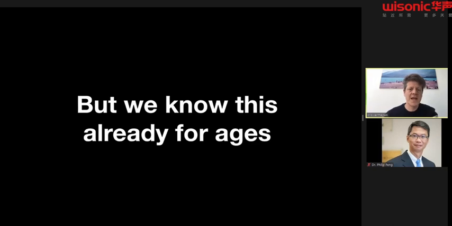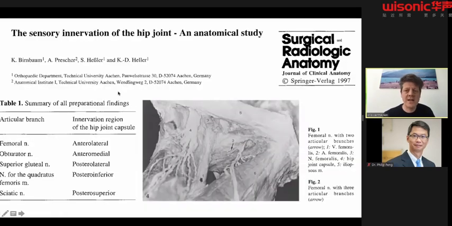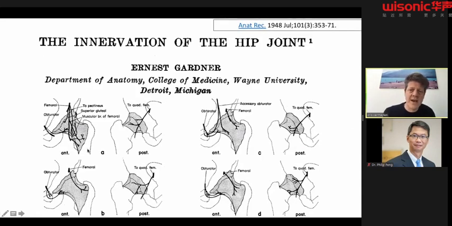But these things are not that new. We started thinking about them because we now have better imaging techniques and are developing more regional anesthesia techniques. But in fact, already in 1979 all these nerves were discussed. And if we go even further back, in 1948, the higher and lower branches of the femoral and obturator nerves were also discussed.